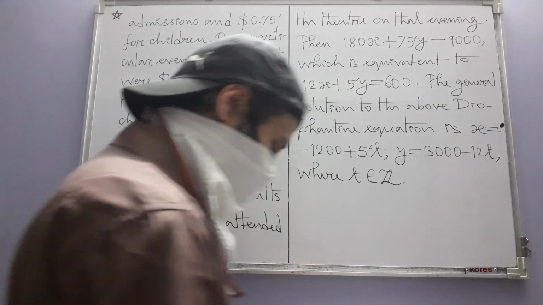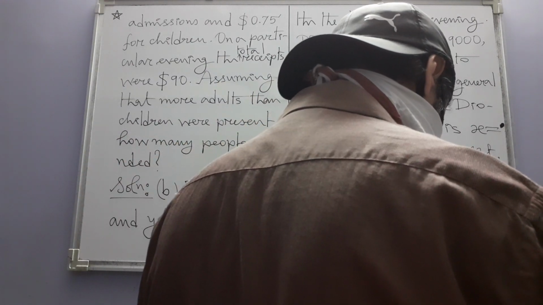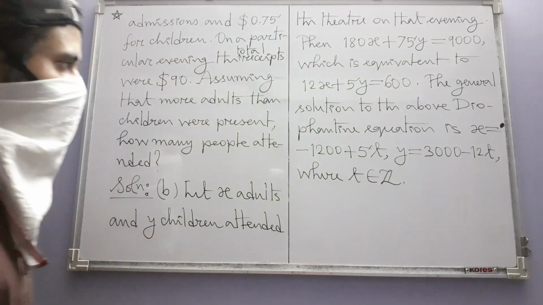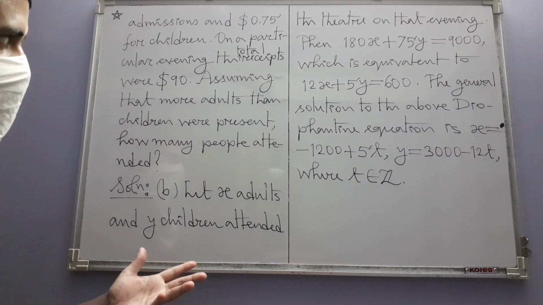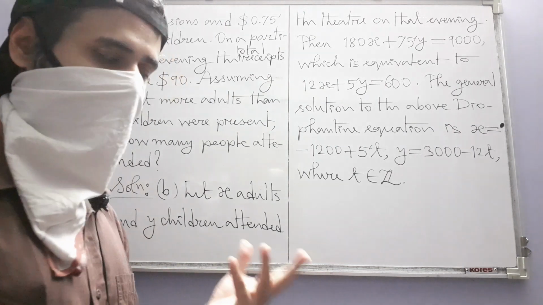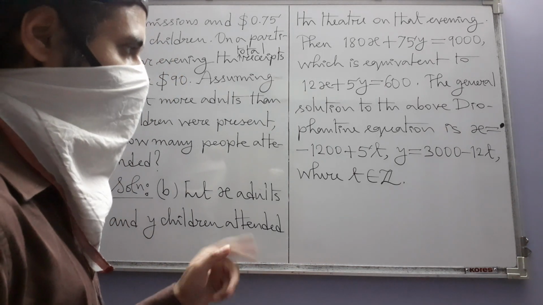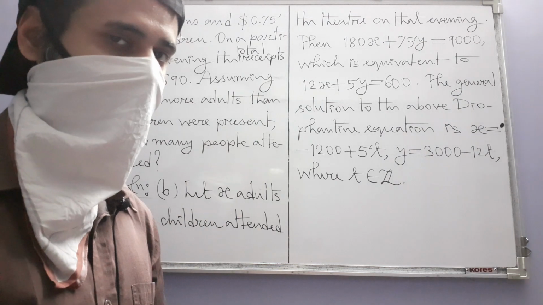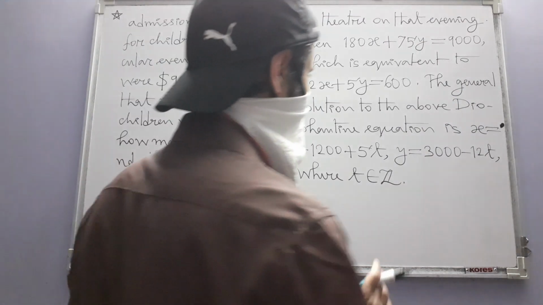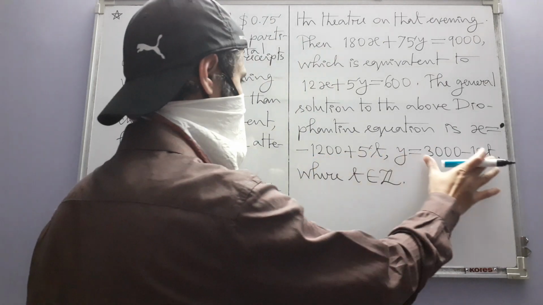Now we can write the rest of it. Now it was also given in the statement of the exercise that more adults attended than children. So this is the number of adults, this is the number of children.